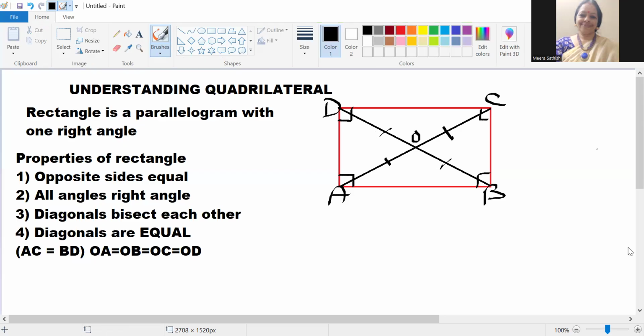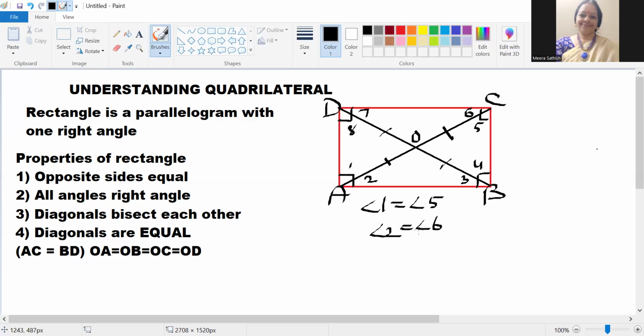Then, as I explained in parallelogram, here 1, 2, 3, 4, 5, 6, 7, 8. Angle 1 and angle 5, alternate angles. Angle 2 and angle 6, alternate angles. But angle 1 not equal to angle 2.